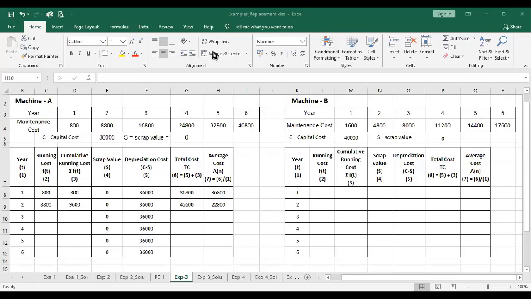Next is Yes Gotecha. Yes, can you give me the answer for the third year average cost?